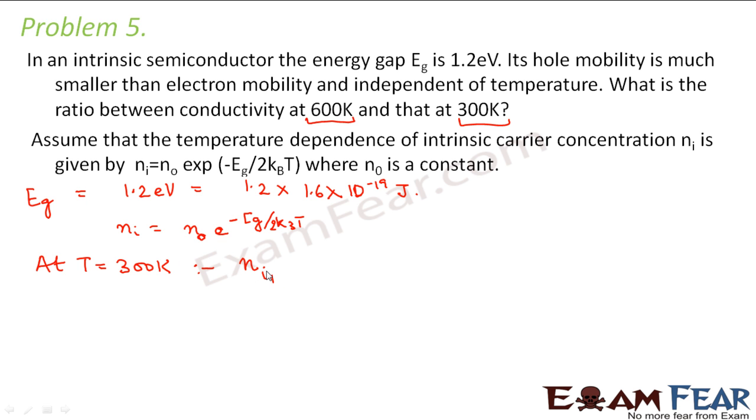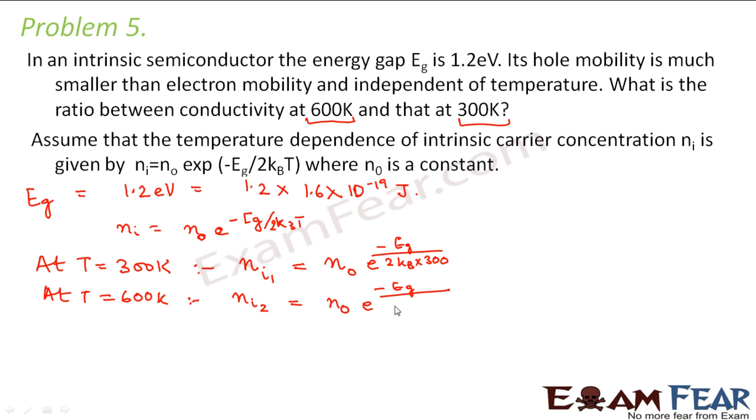What would be the intrinsic carrier concentration? Let me call it Ni1. This will be N0 e^(-Eg/(2kB × 300)). At T = 600 Kelvin, Ni2 = N0 e^(-Eg/(2kB × 600)), right?